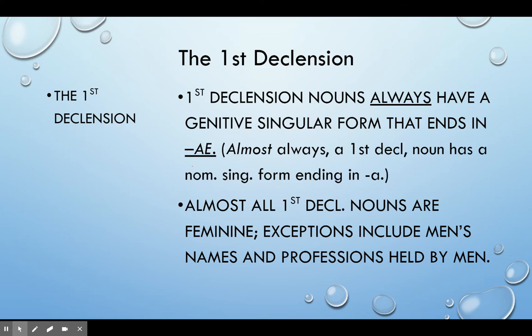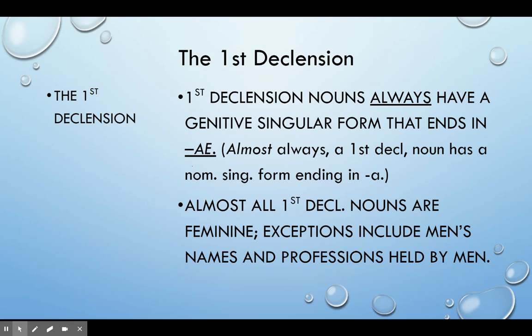So agricola, atleta, poeta. In the ancient Roman world, and also in the ancient Greek world, those professions were held by men. And because they were held by biologically male people, these nouns were flipped over into the masculine gender.